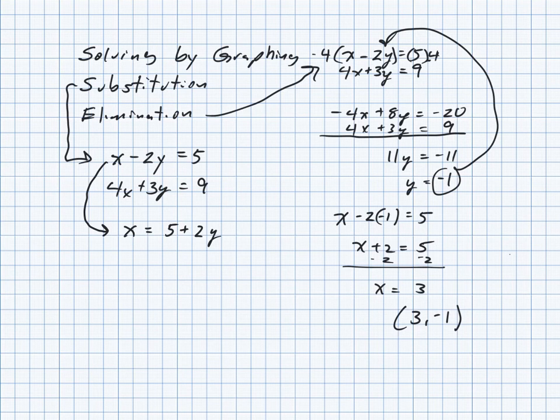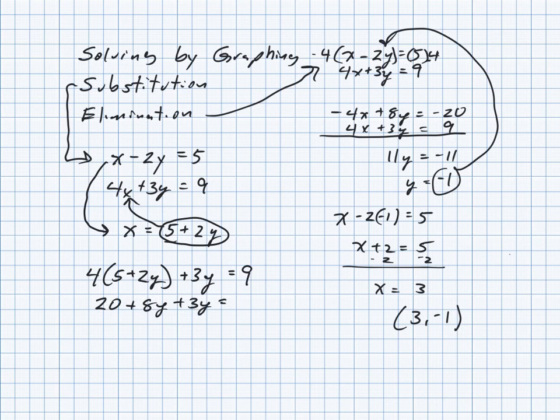Now substituting the 5 plus 2y in for x, I get 4 times 5 plus 2y plus 3y equals 9. So this is the second equation with the 5 plus 2y inside. Distributing gives me 20 plus 8y plus 3y equals 9. I subtract 20 from both sides.